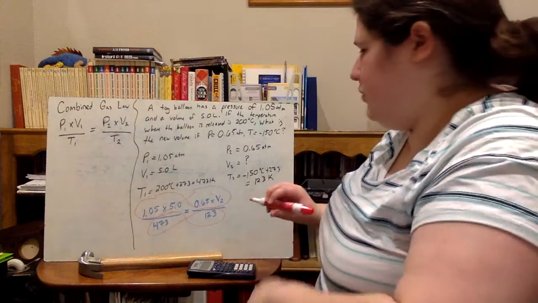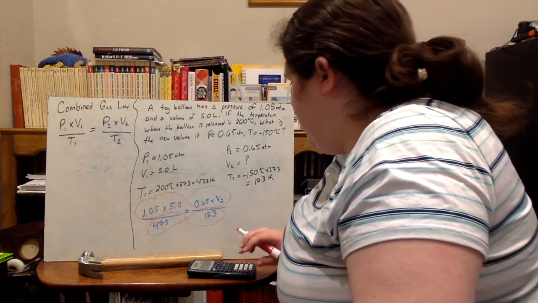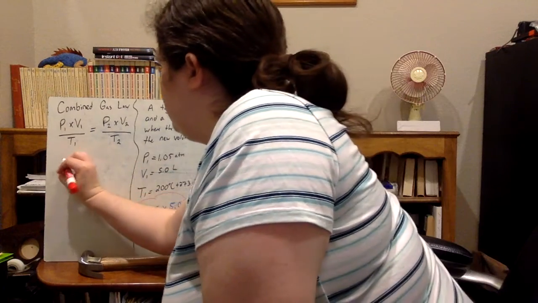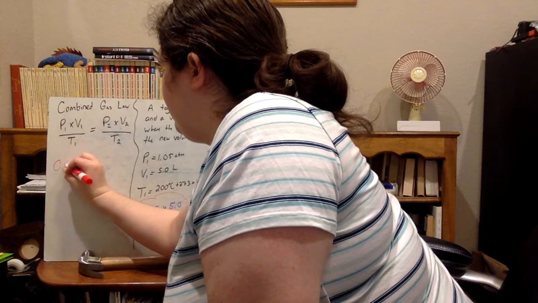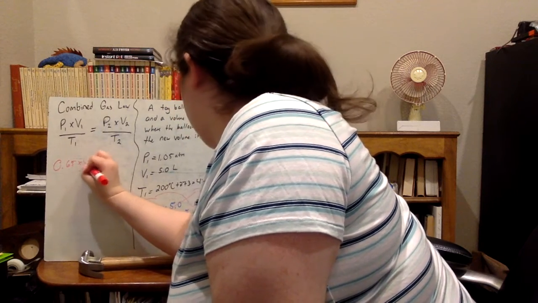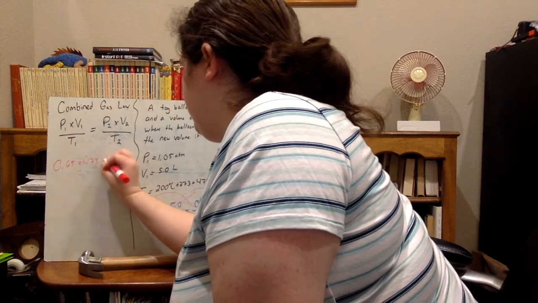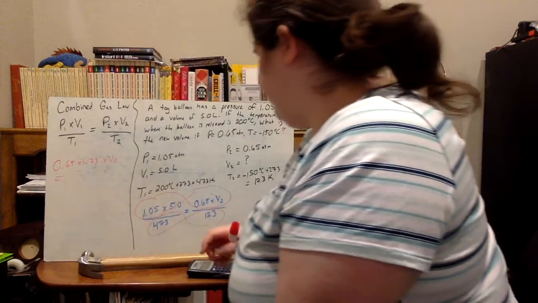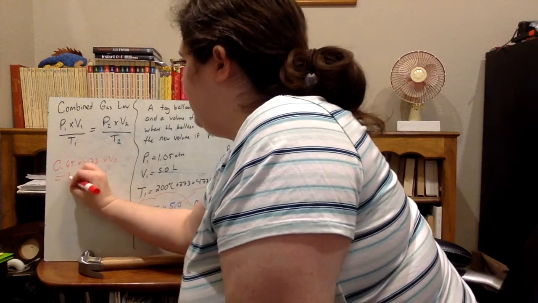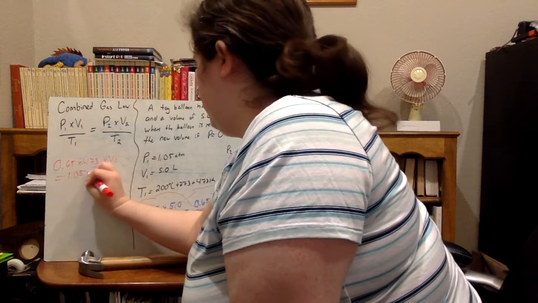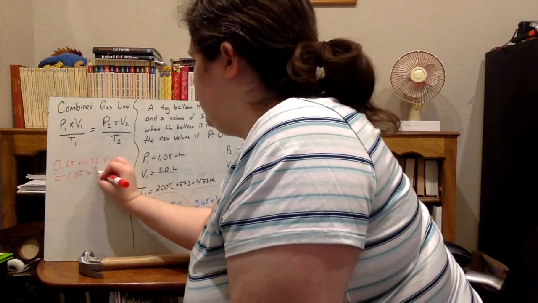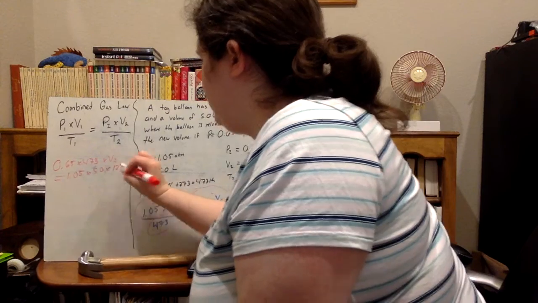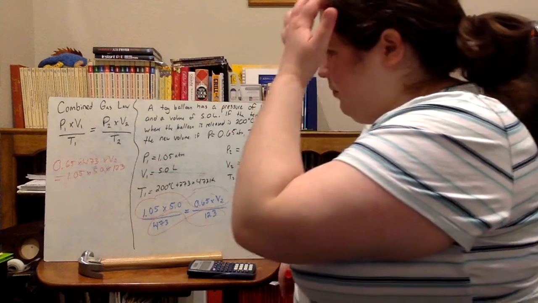So I have 0.65 times V2 times 473, all that is equal to 1.05 times 5 times 123. Okay, this is all one big equation. I just ran out of room.